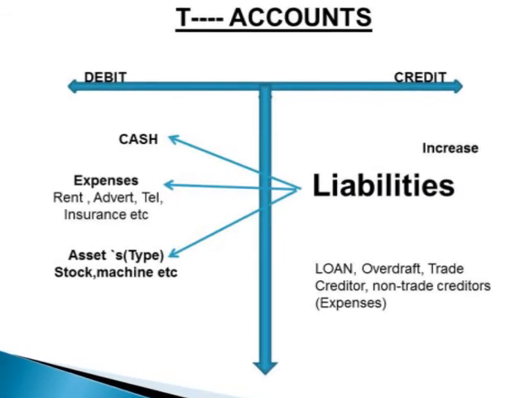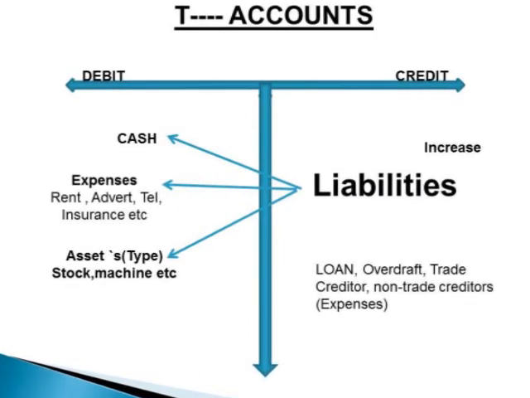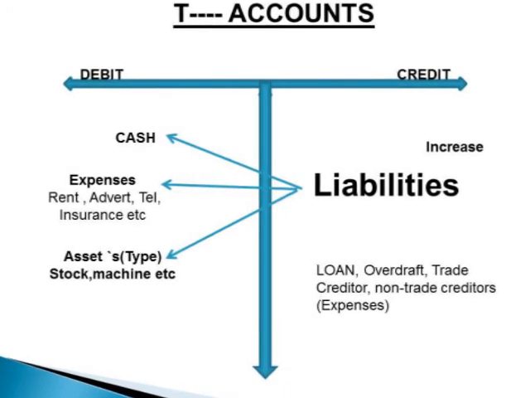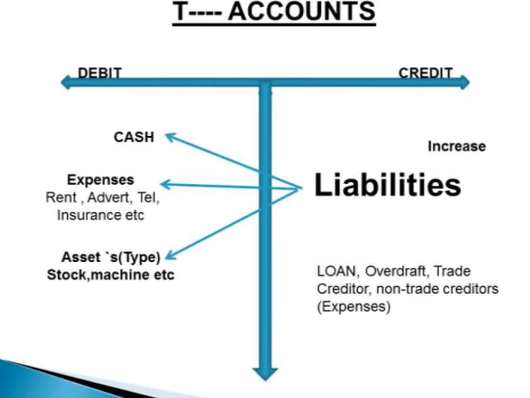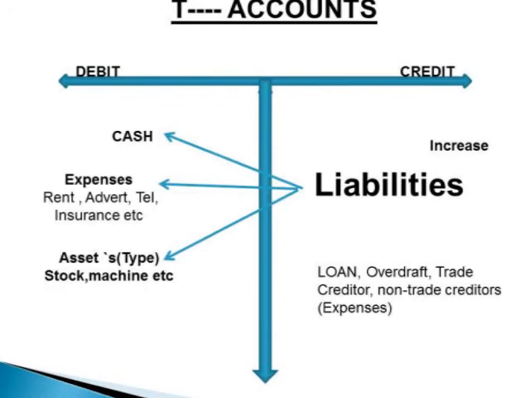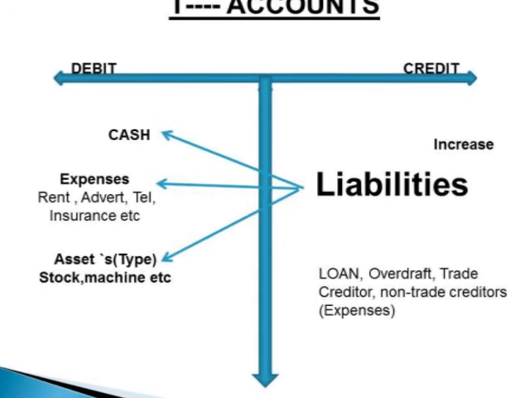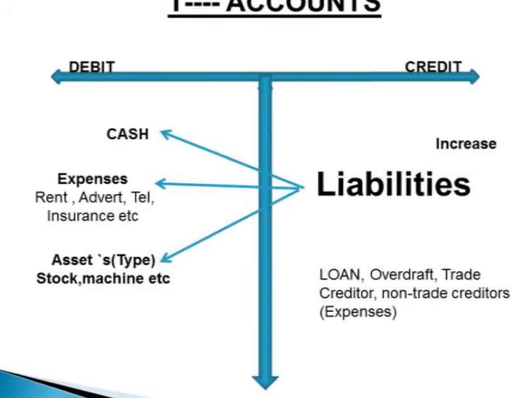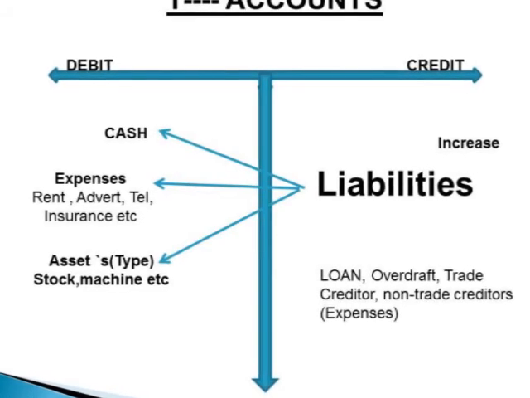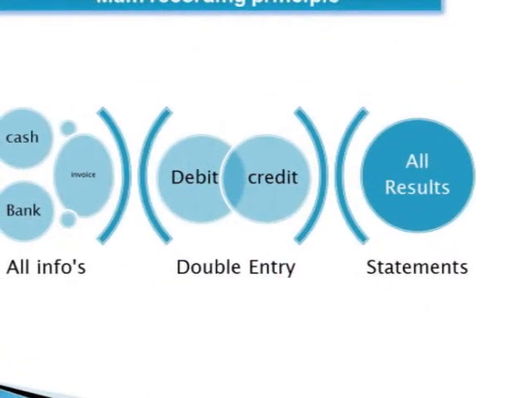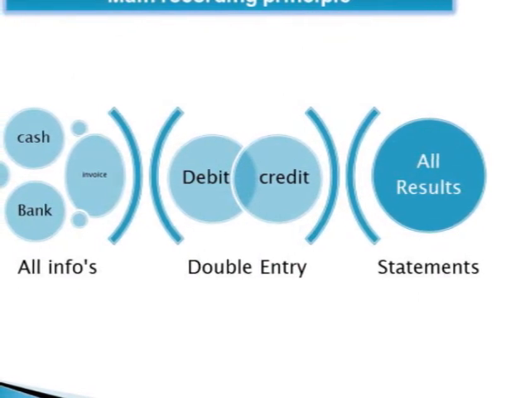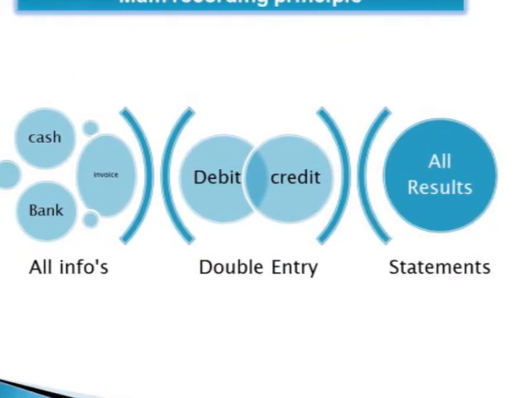Finally, increases in liability, which is money owed to third parties to run the business, like loans, overdraft, trade creditors, or others, will result in a credit entry in the individual account, and a debit entry is made either on the cash T account or expenditure T account, depending on the nature of the transaction.